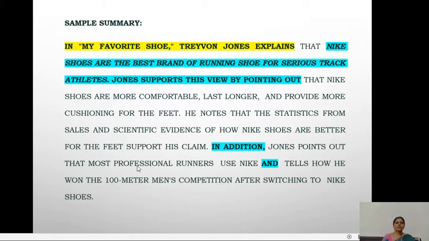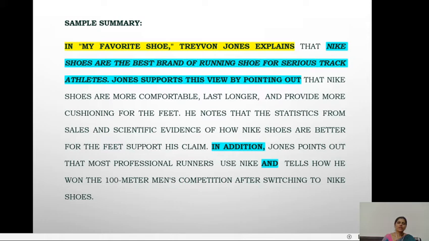This is a sample summary wherein you have got all the details. As I said, it should include the title, it should refer to the author, and it should have a main statement and only the key ideas of the whole article, and there should be some coherence between the sentences. That connectivity should be there, and you should not include your own ideas into this; it has to be independent.